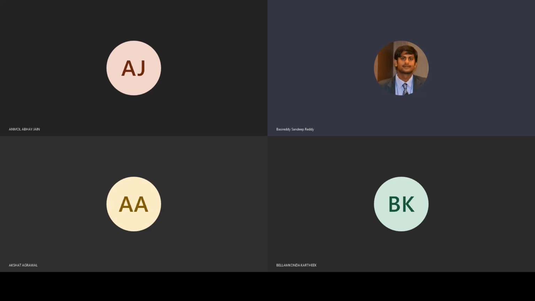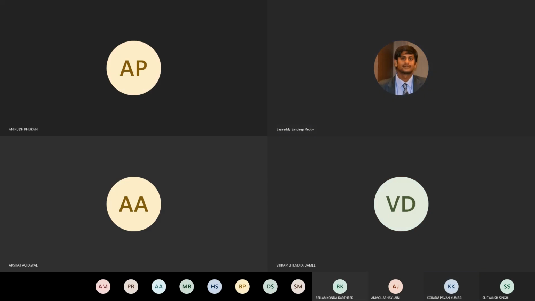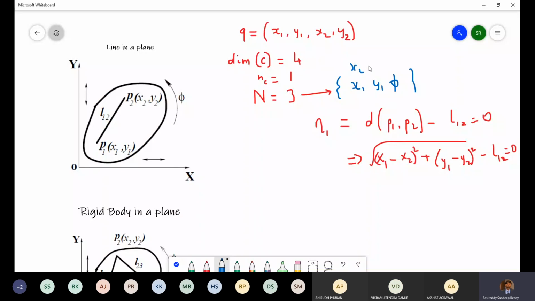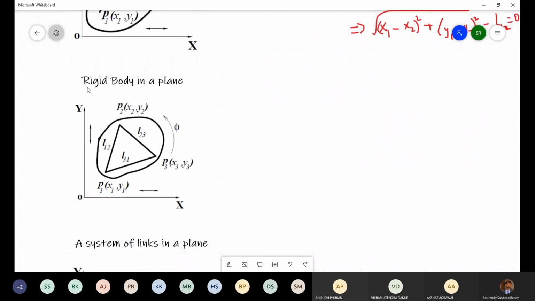this phi here, or you can also define it by x2, y2 and phi. Similarly, the rigid body in a plane, right? What are the configuration variables?